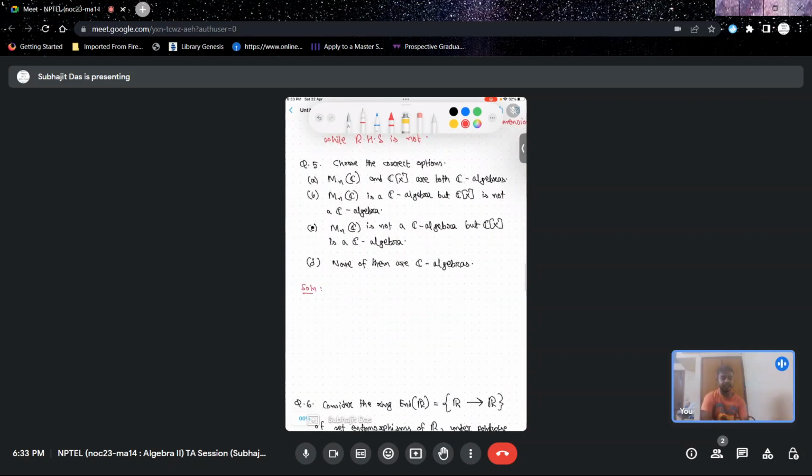So you know what M_n(C) is, the ring of n cross n matrices over C. Now you just need to figure out which of the two, that is M_n(C) and C[x], is a C algebra.